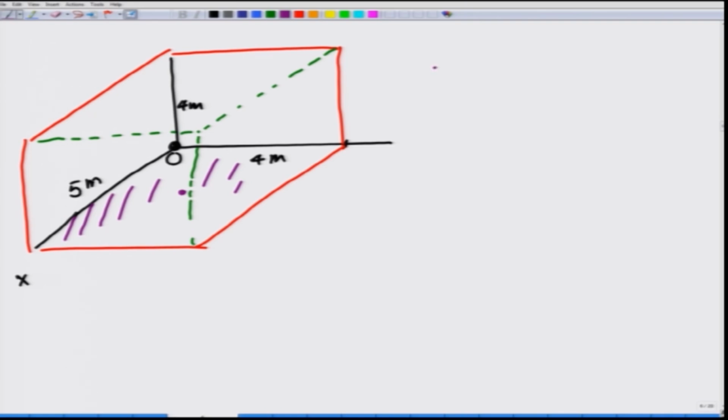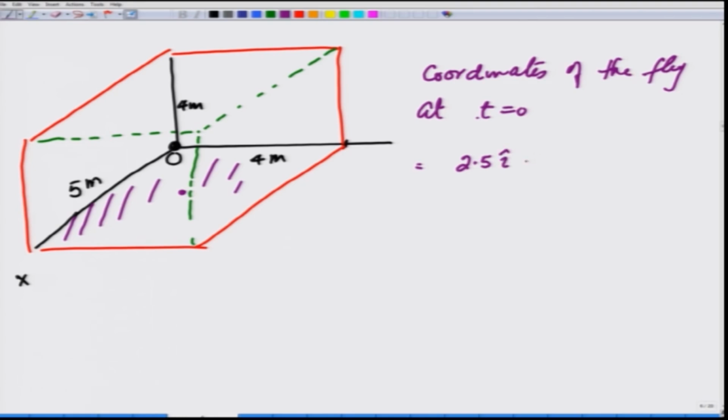The coordinates of the fly at, let us say, t equal to 0 when it starts flying are 2.5i plus 2j, where I have taken the lengthwise direction to be x, width y and height to be z. Initially, the z coordinate of the fly is 0.